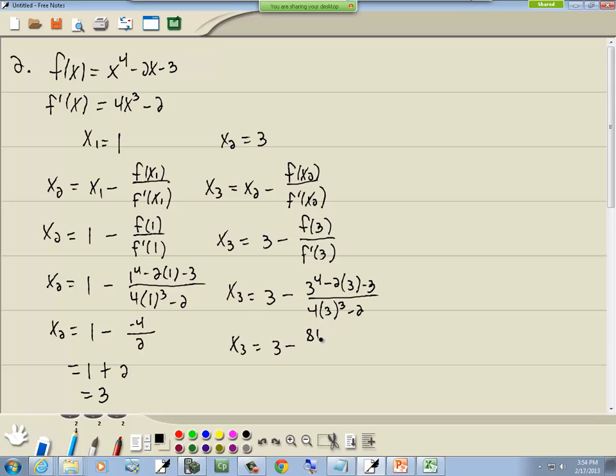Negative 2 times 3 is negative 6 minus 3 over 3 to the 3rd is 27. 27 times 4 is 108, assuming I multiplied correctly. Looks right. Minus 2. So then we get 3 minus 81 minus 6 is 75. Minus 3 is 72 over 106.